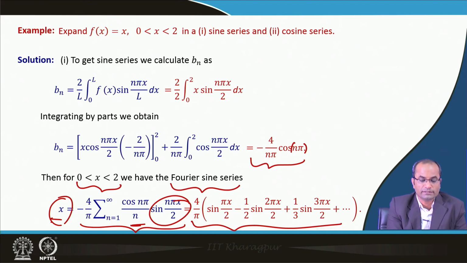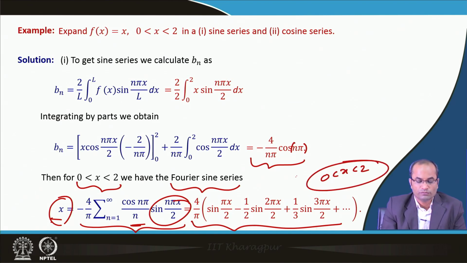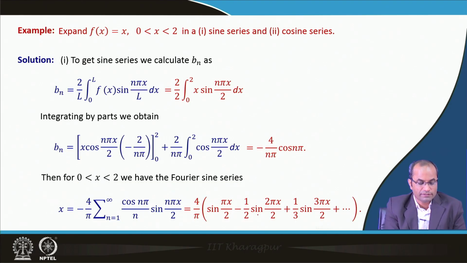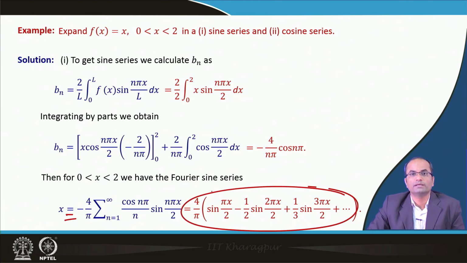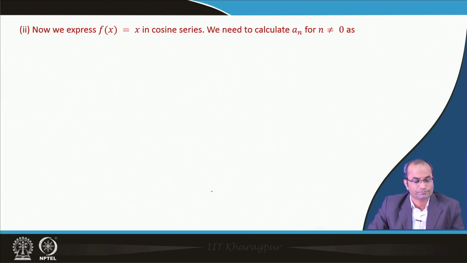We have the equality in the interval 0 to 2. This series will converge because we know from the Dirichlet theorem that at the points where it is continuous it will be exactly equal to the function, x there. So, we have x equal to this series having purely sine terms.